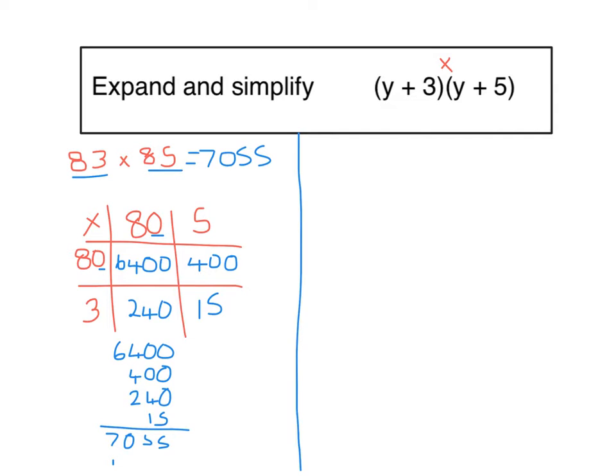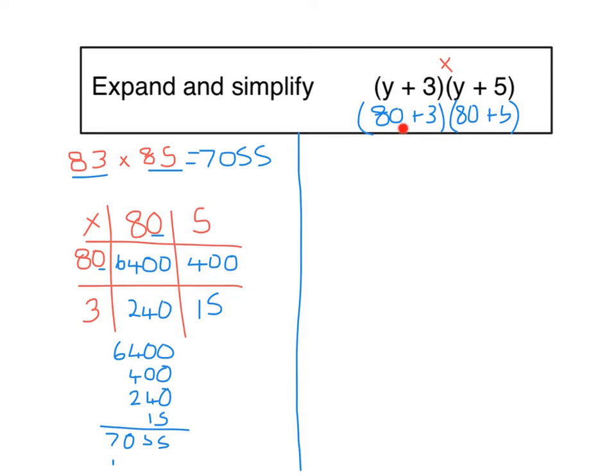I've split it up to 80 and 3, so the 83 has changed to 80 and 3. And the 85 has changed to 80 and 5. So you should be seeing how similar they are.